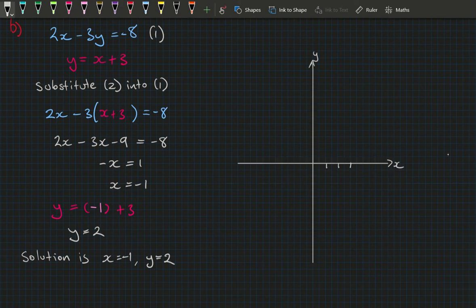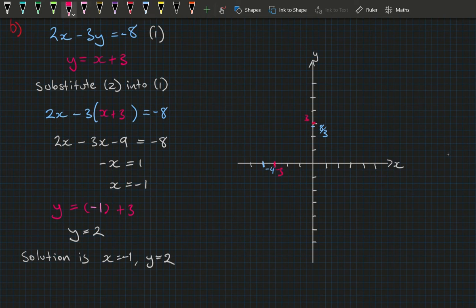And let me very quickly draw this graph, once again using the intercept method. And for relation 1, our y-intercept is when x equals 0. So that is 8 on 3, which is nearly 3. And our x-intercept is where y equals 0, so that is minus 4. And for our second relation, when x is 0, y is equal to 3.